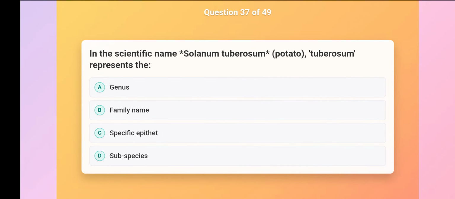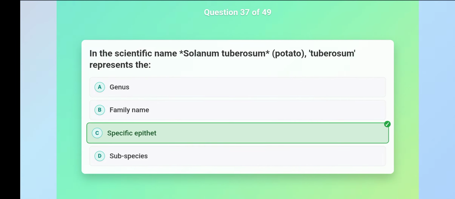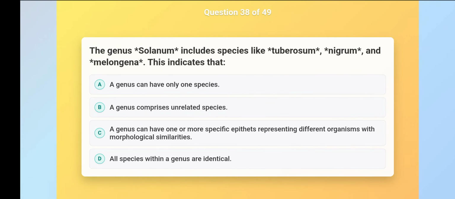In the scientific name Solanum tuberosum, potato, tuberosum represents the specific epithet. The genus Solanum includes species like tuberosum, nigrum, and melongena. This indicates that a genus can have one or more specific epithets representing different organisms with morphological similarities.